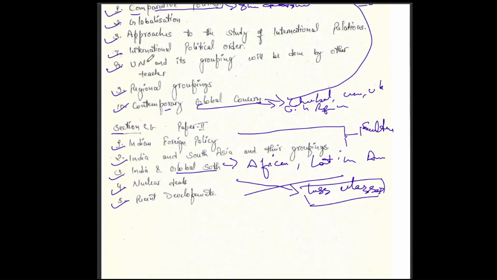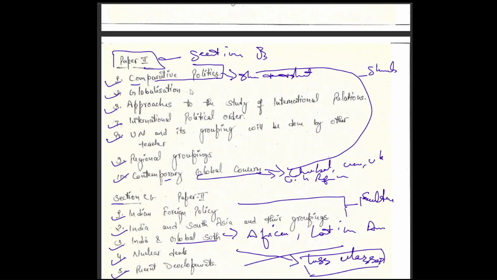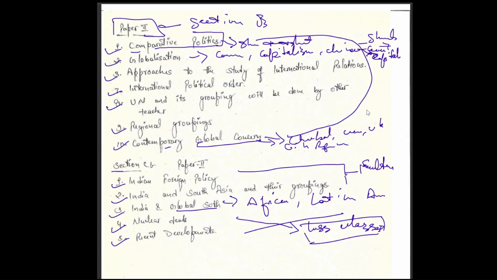And in globalization you have also learned through the philosophies what the communist countries are doing, what their agendas are, and how capitalism is growing. China's communism is not communism, it is literally capitalism, but they project themselves as a communist country, which it is not.